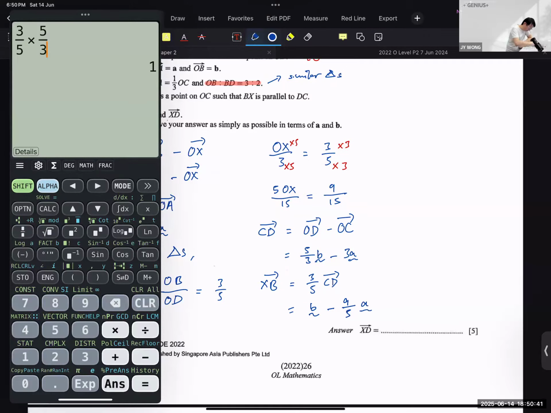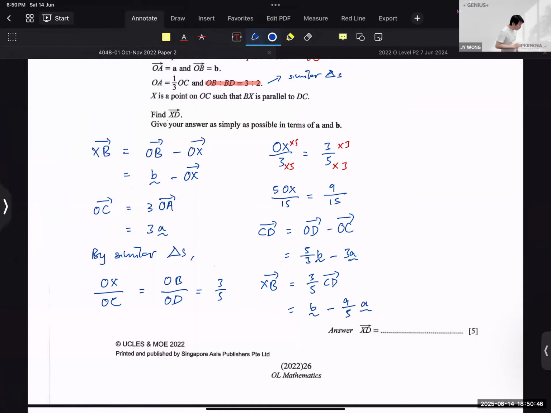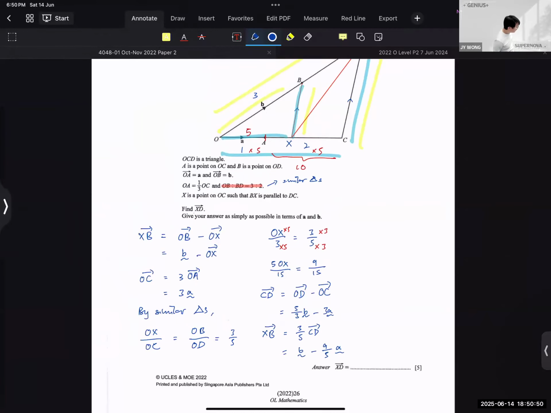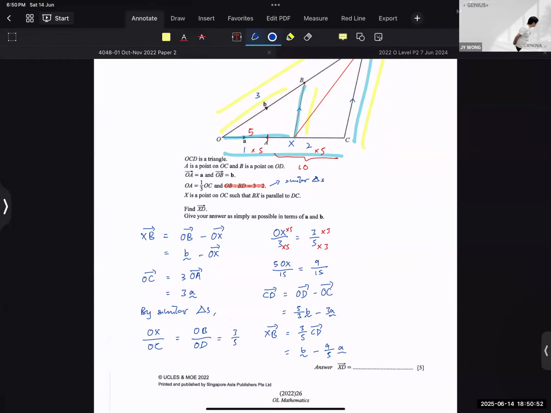A. That's my XB, right? But once you get this 9/5A, then what should you realize? You should realize that therefore OX is equal to 9/5A. Correct or not? Which you already actually found just now. If you compare here, you should know that it's 9/5.